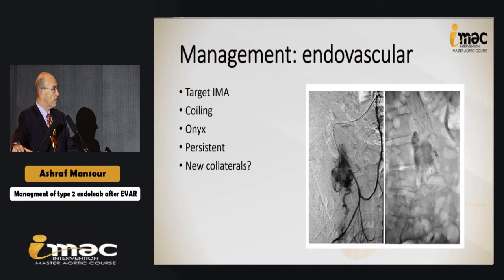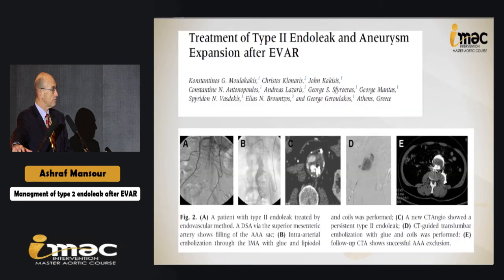So the first target will be to try to cannulate the IMA through an SMA branch, and then do some coiling. If that continues to persist, then the next step will probably be a direct sac puncture.